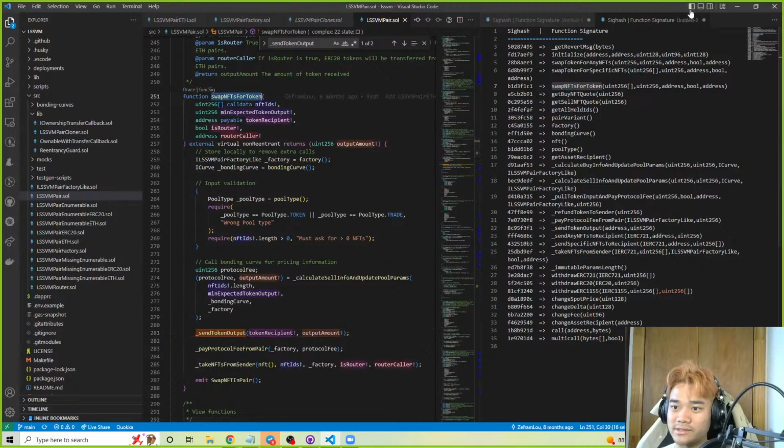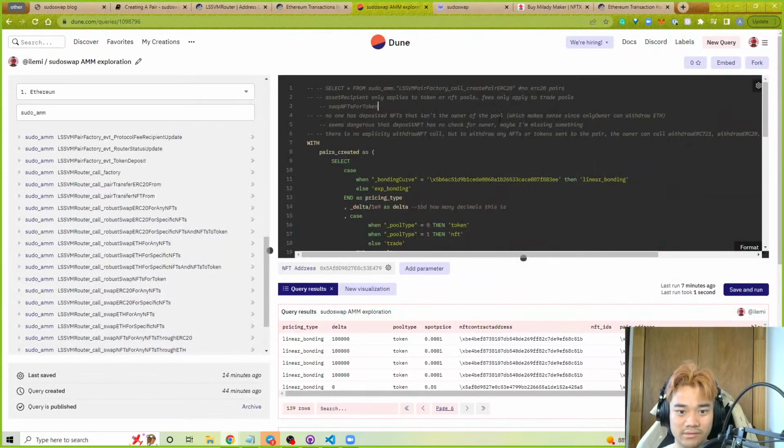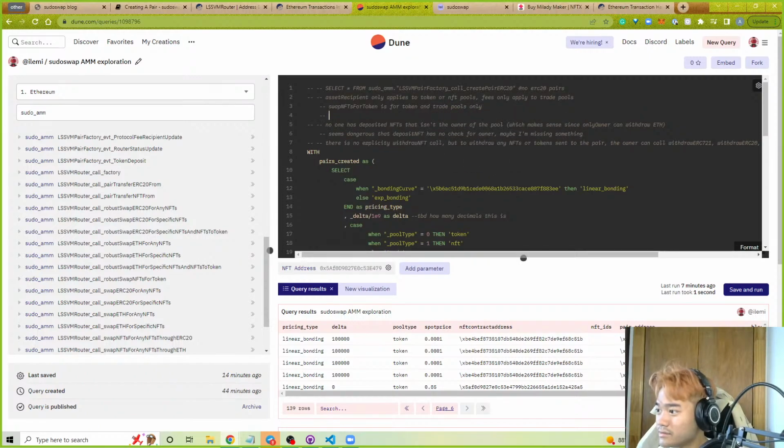Okay, let me write this down. So we have, is for token and trade pools only, which means that, oh, it's interesting you can swap for specific IDs.